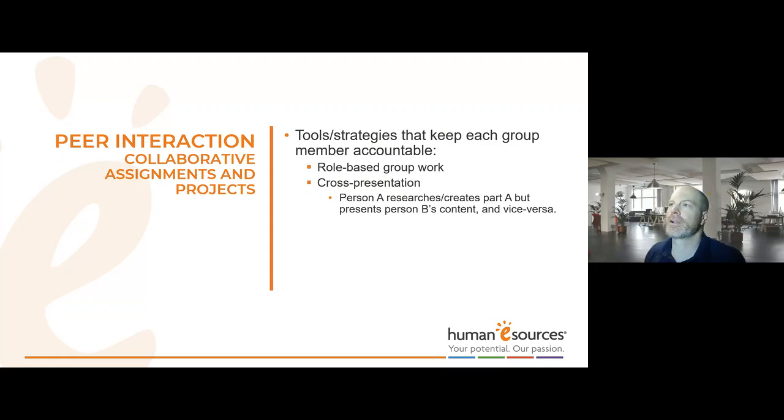And that gives people a clear sense of purpose rather than feeling a little bit lost. If you provide them specific roles around a discussion, that can help facilitate that interaction. Then people know what their responsibility is and can also collaborate in that way, so that you hit all the parts of the discussion, and people aren't just doing one thing and missing out on other aspects. Another example you may have seen before is where person A researches and creates part A, but then presents part B's content, so they're cross-learning.